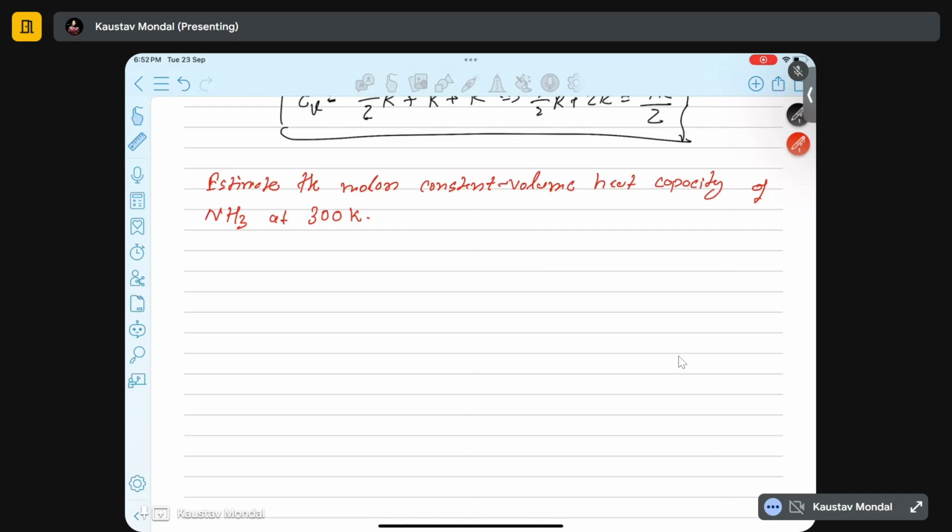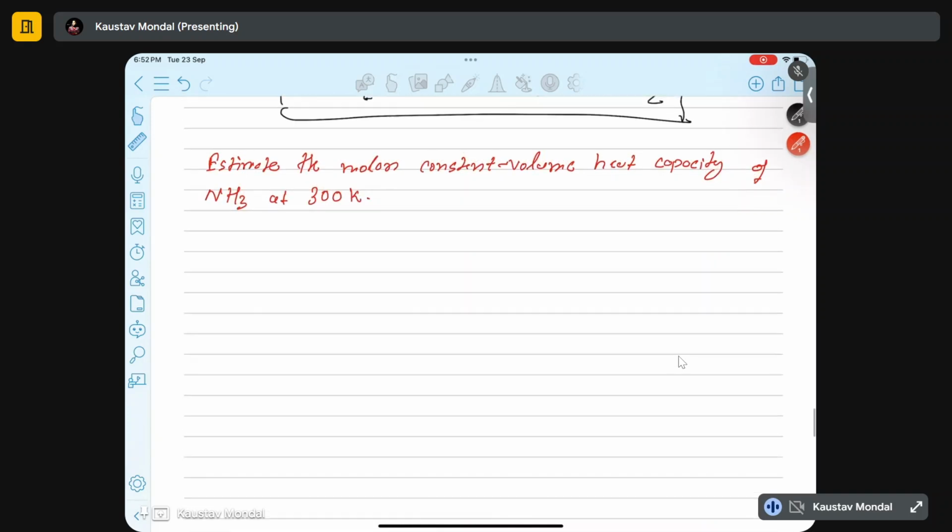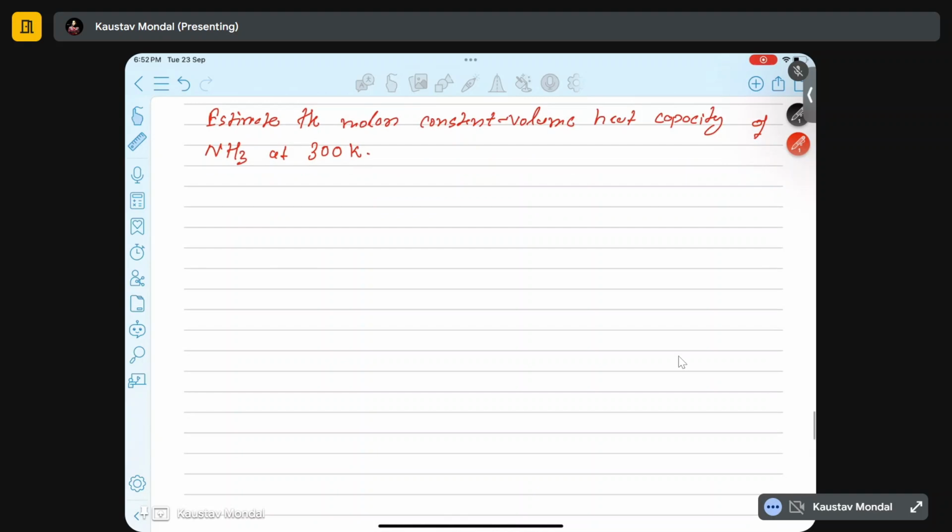Provided that NH3 is a non-linear molecule, unlike the previous case where CO2 was a linear molecule, right? As it's a non-linear molecule, there are three rotational constants. Their values are given.